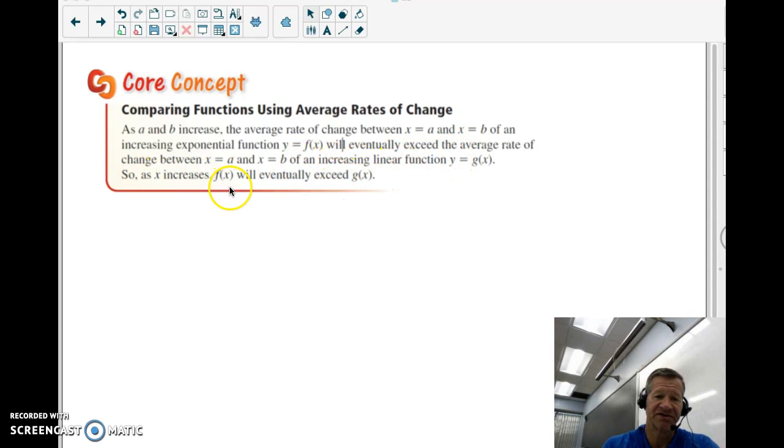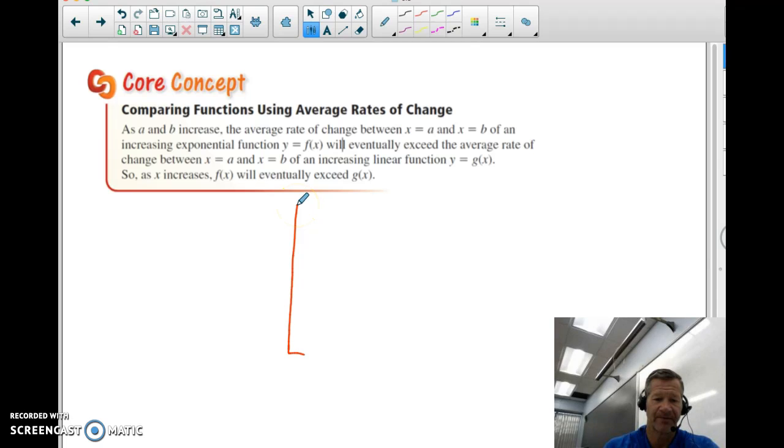So as x increases, f of x will eventually exceed g of x. Let me illustrate what we mean by that. Let's say this line, when we start out, is above an exponential function. A line, if it's increasing, will increase at a constant rate.